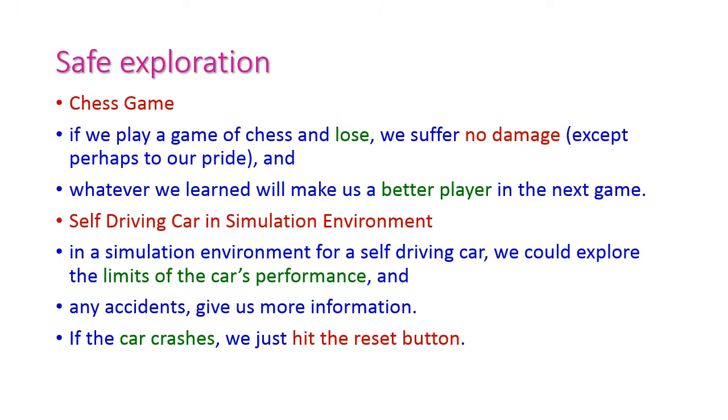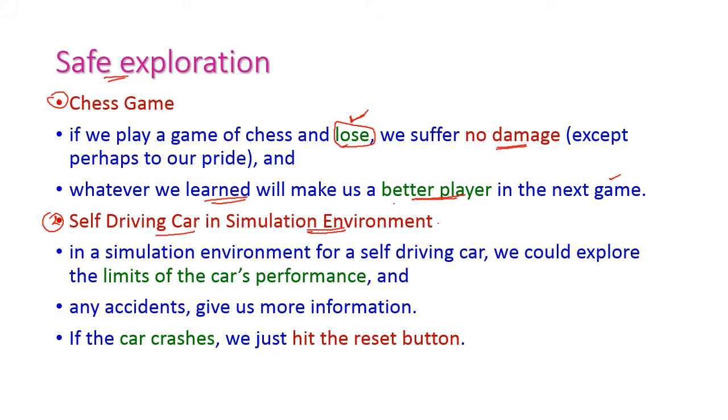Now the safe exploration. For this we will see some examples. First one is a chess game. Suppose we play the chess game with a very good opponent and we lose the game, okay, no problem, we won't get any physical damage. From the game we will definitely learn something, very good information, and that makes us a better player in the next game, right? And the second one, a self-driving car in a simulation environment.